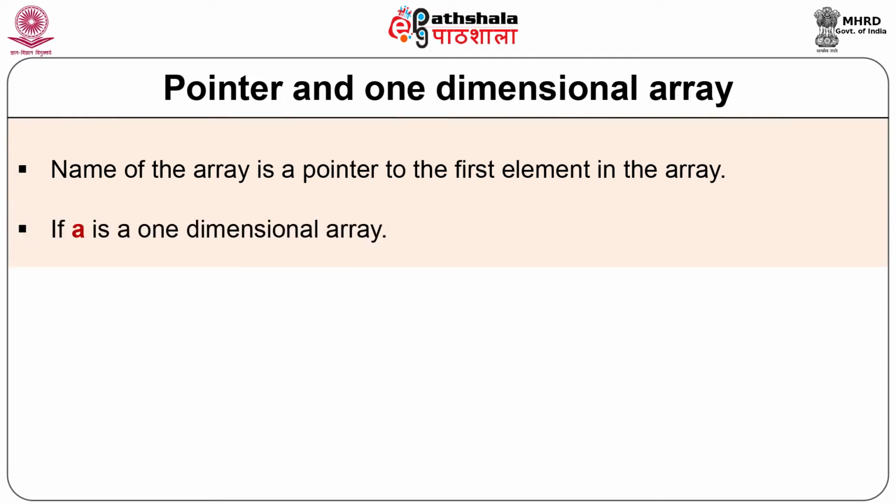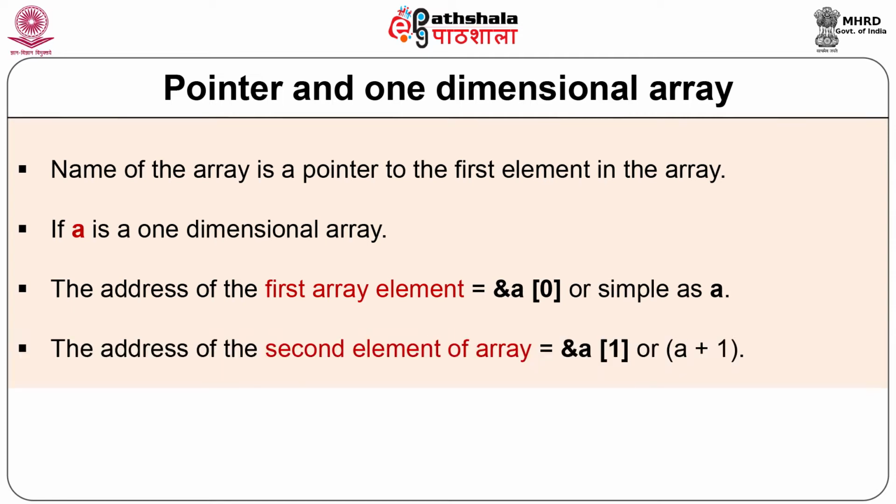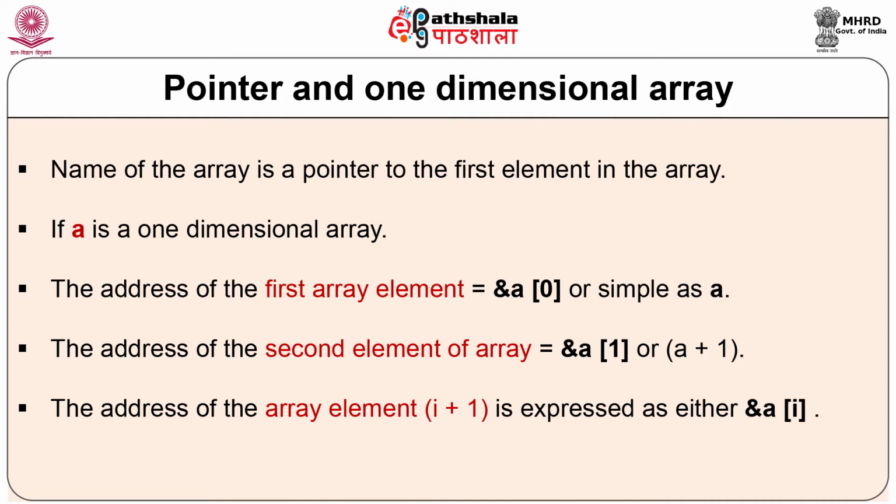If A is a one-dimensional array, then the address of the first array element is &A[0] or simply A. The address of the second element of the array is &A[1] or A + 1 and so on. The address of array element i can be expressed as &A[i] or A + i.